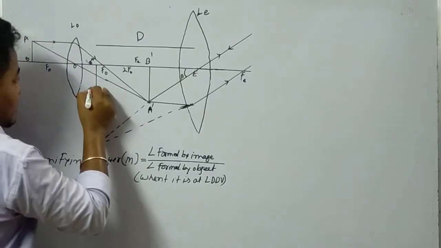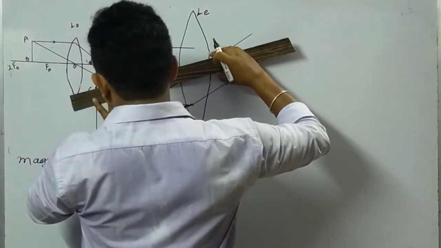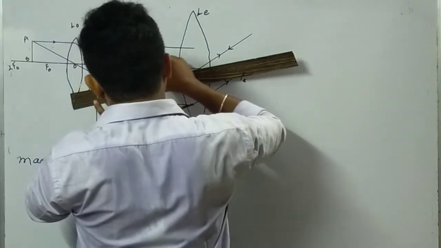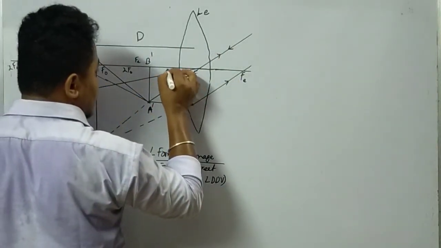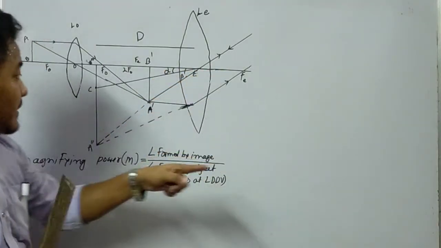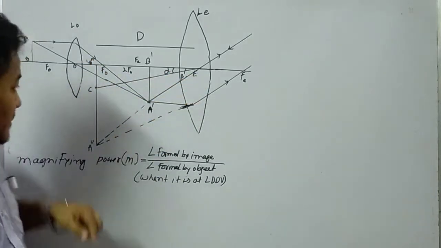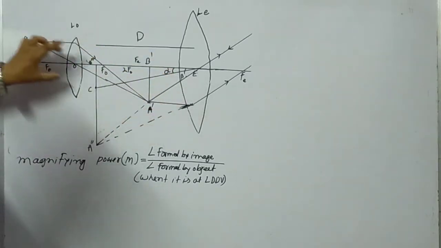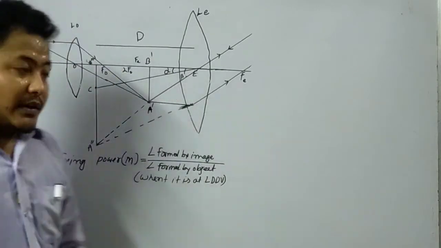Suppose this object is B''C. Now B''C will again make one more angle, and suppose this is the angle alpha, and this angle alpha has been made by the object when it is placed at the least distance of distinct vision. This object is the same object. The difference is that now this object has been placed at the least distance of distinct vision in order to find the magnifying power.